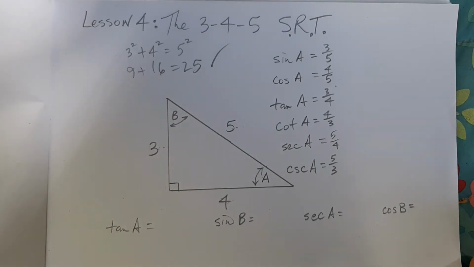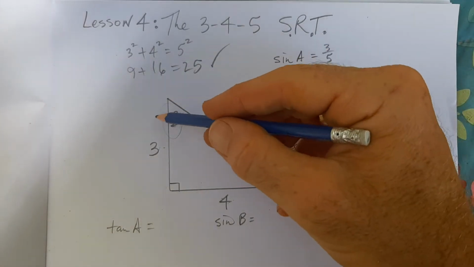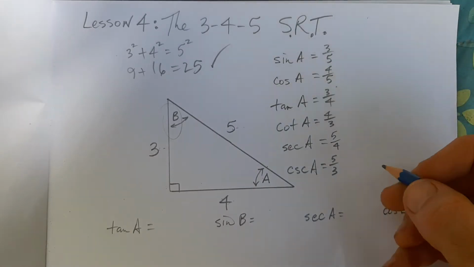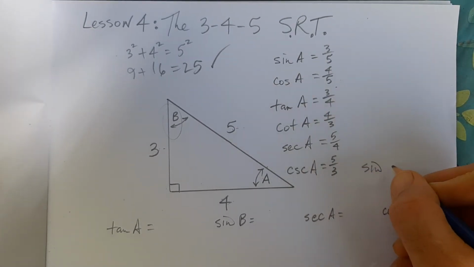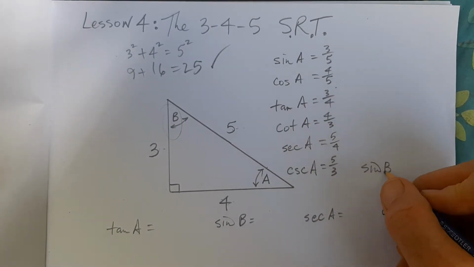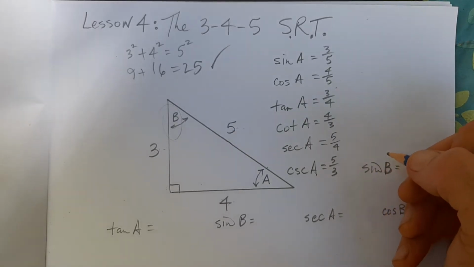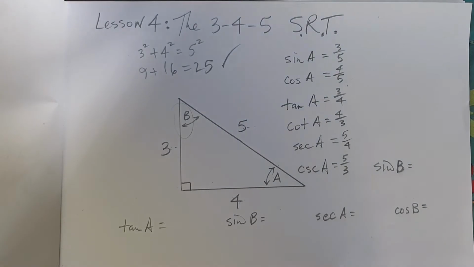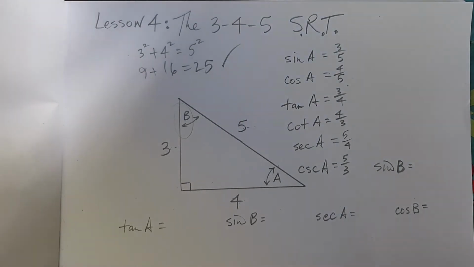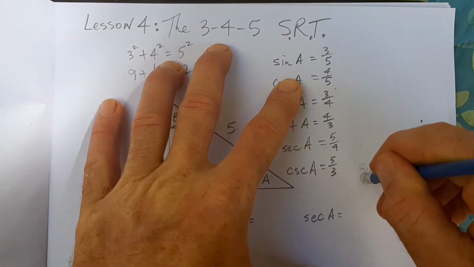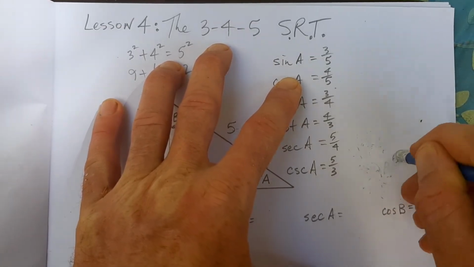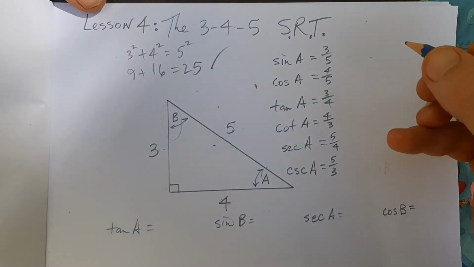Now, let's look at angle B. And we'll just write these in reverse order. So we're going to go sine of B. Oh, I might be messing up here. Never mind. We'll just write it down from the top, right?